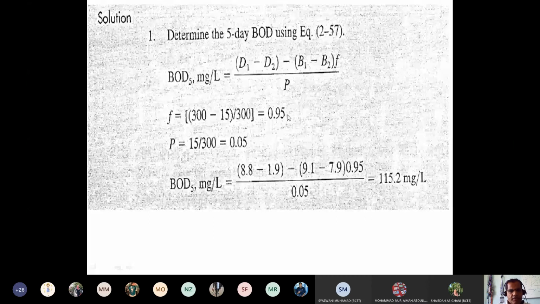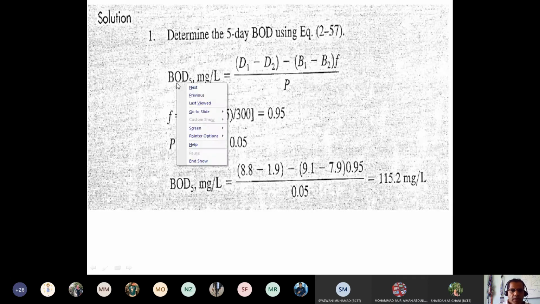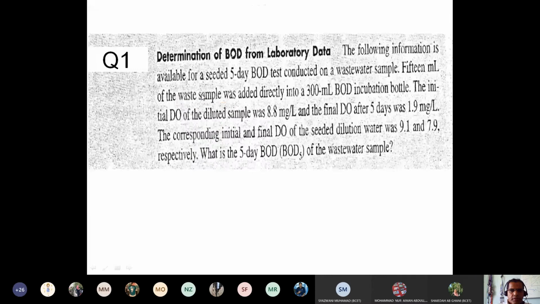You will get 0.95. What is P? It will be 15 divided by 300. Oh, this is P. P is volume of the sample divided by total. But F is 300 minus 15. If you see here, maybe I can go back to the previous slide.